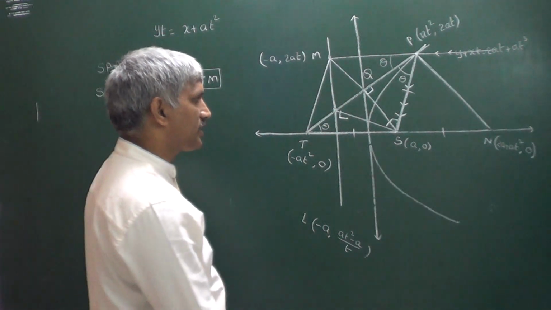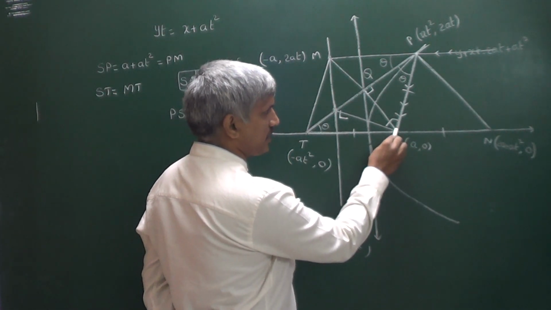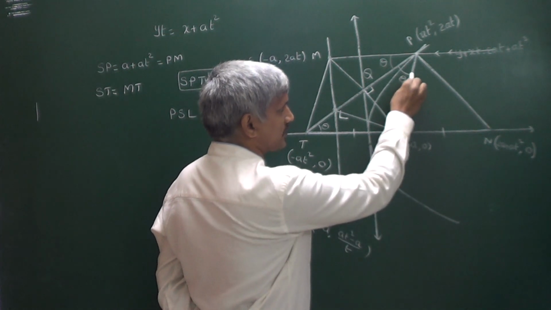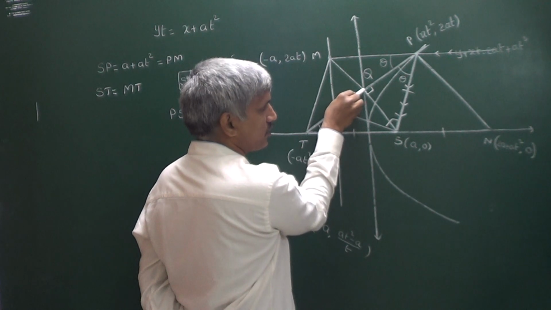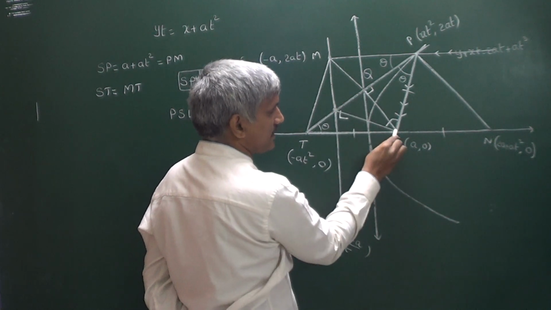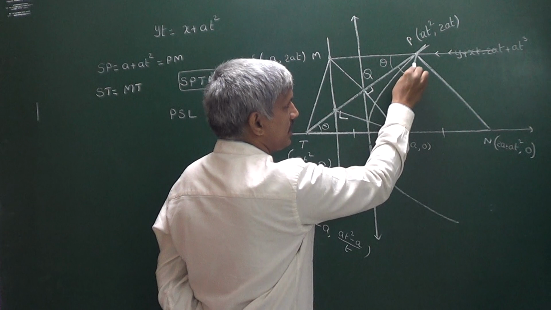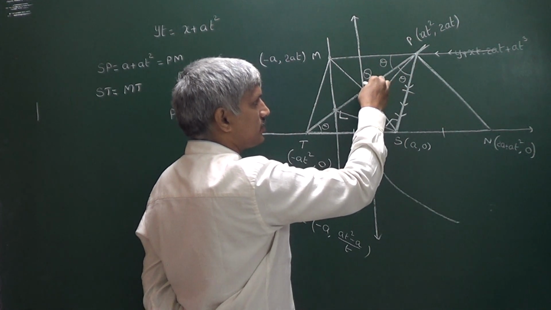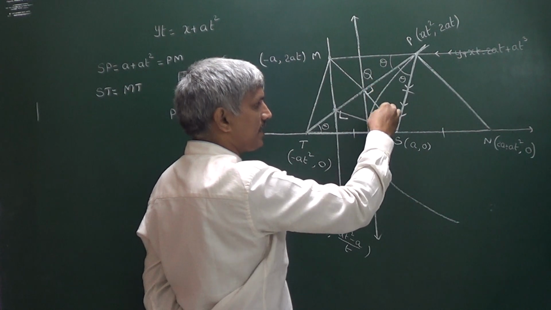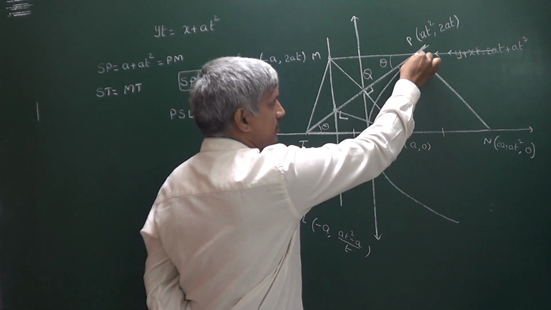If you construct a circle, the reason is this portion of SP subtends 90 degrees at a point Q. That's why if you construct a circle with SP as a diameter, that circle touches the tangent at vertex at a point Q.